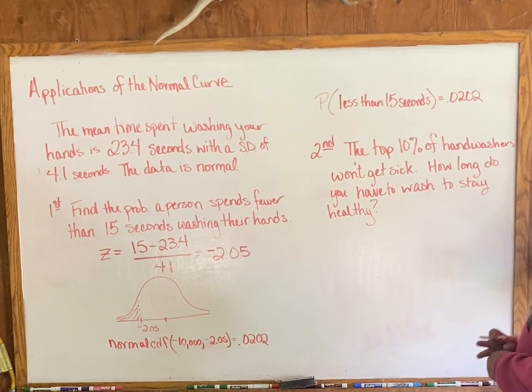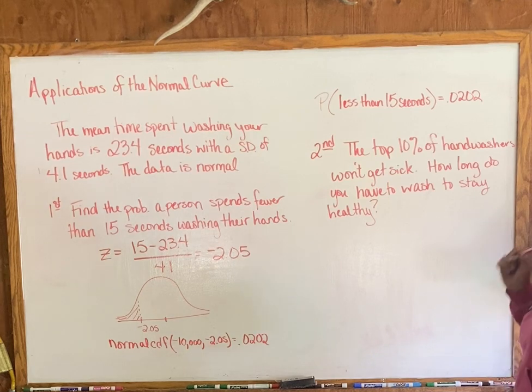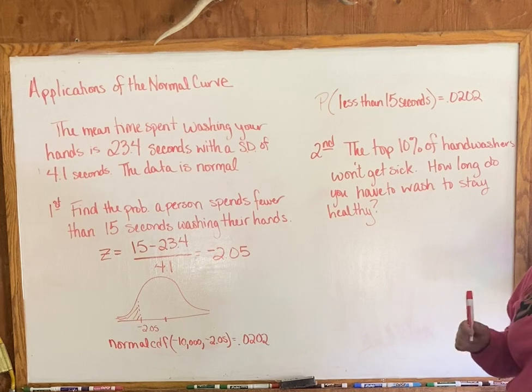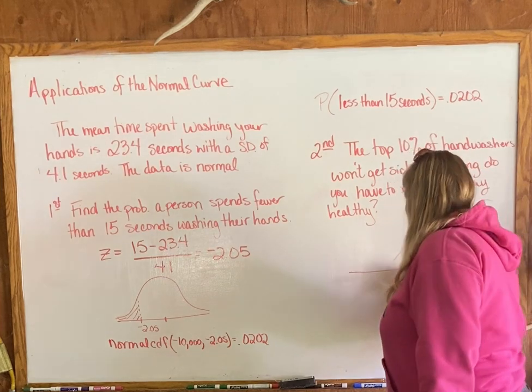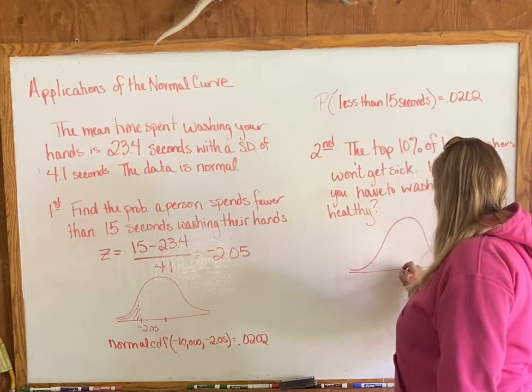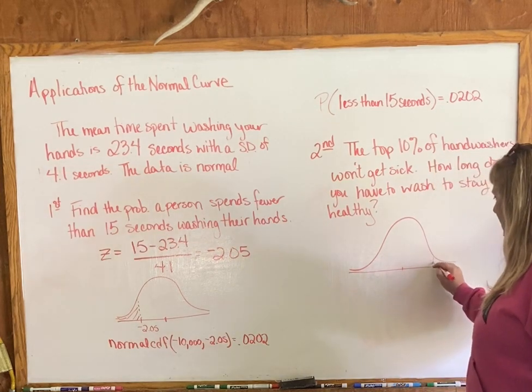Okay, so the top 10%, now, what am I giving you this time? If I'm saying the top 10%, aren't I giving you an area? So the first thing we're gonna do is draw our graph and see what the top 10% might look like.